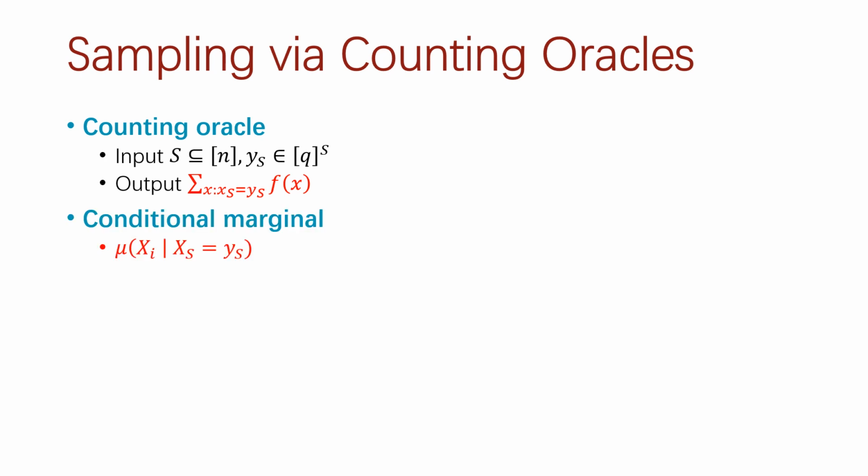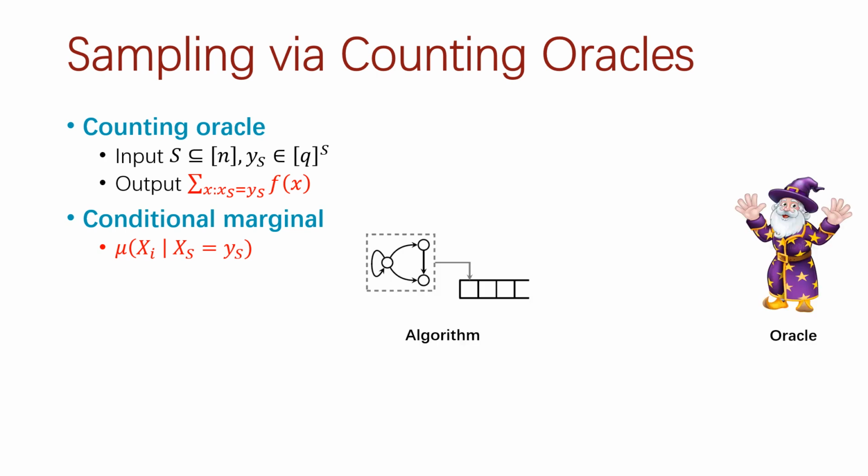Because this S can be arbitrary, this counting oracle is also equivalent to the conditional marginal oracle, which gives the marginal distribution of any x_i under any possible conditioning. With this marginal oracle, we have a very simple sampling algorithm that works as follows.